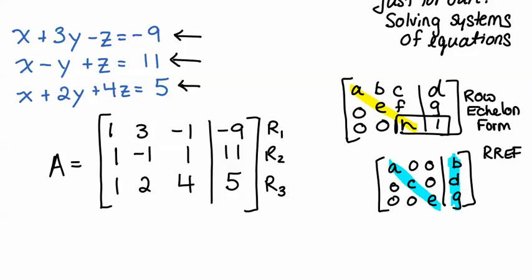And the reason that form is cool is because now you can just say, oh, x equals b, y equals d, z equals g. It solves the whole thing for you if you can get it into reduced row echelon form. Or this form is also fine because it just helps you solve for one variable, and then you can take your next equation and substitute variables into that.